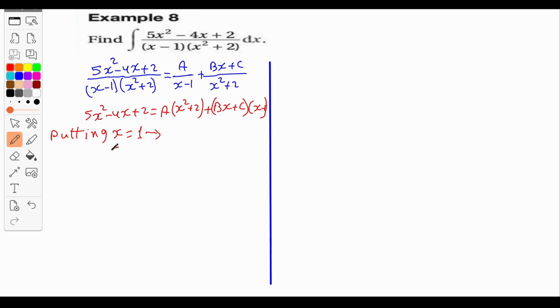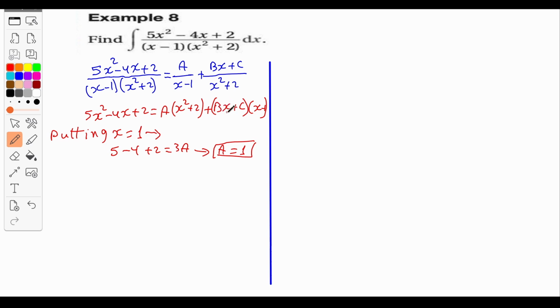So we say 5 minus 4 times 1 is minus 4 plus 2 equals 1 squared is 1 plus 2, 3, means 3a. And as I said, this full quantity will be 0. 5 minus 4 is 1 plus 2, 3. So 3 equals 3a, means a equals 1. By dividing the two sides by 3. So the first value, the value of a here equals 1.